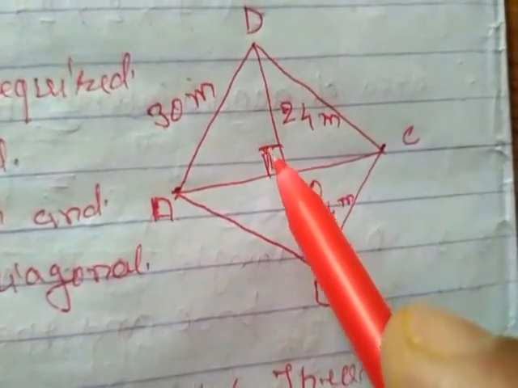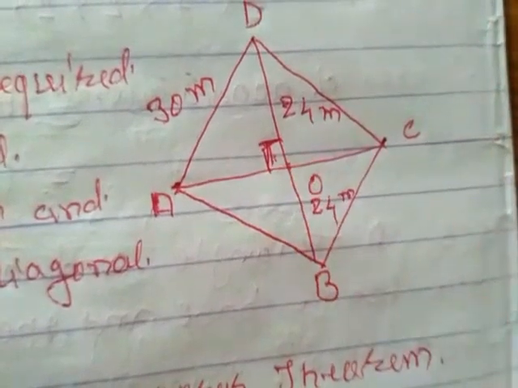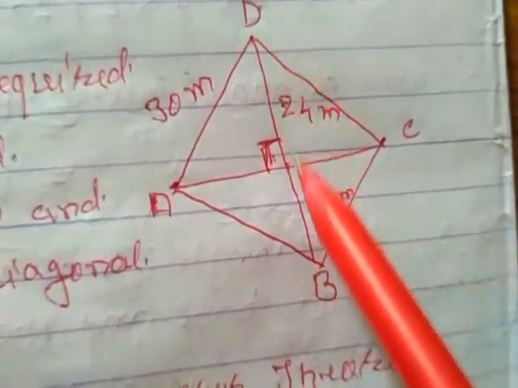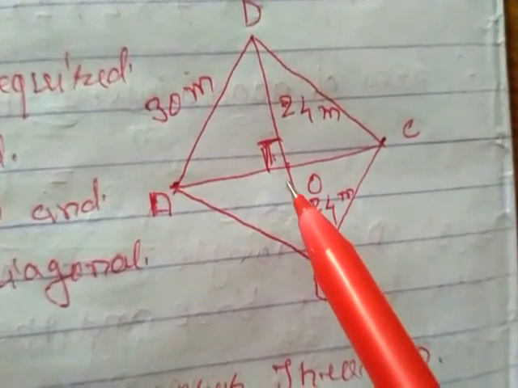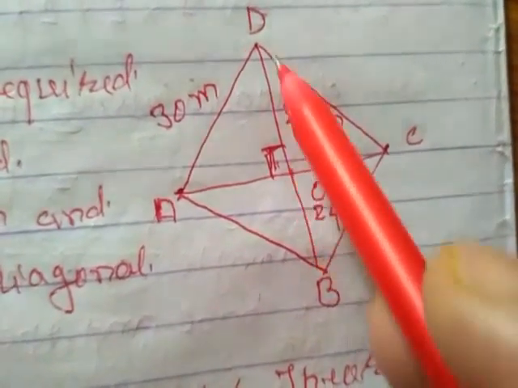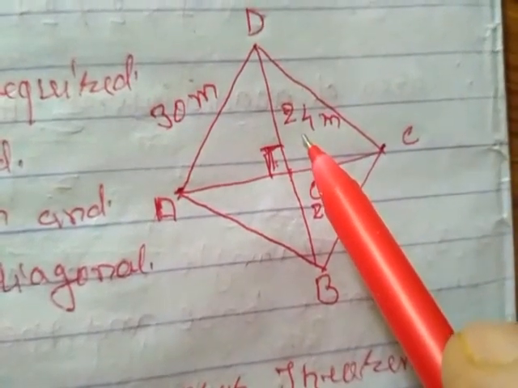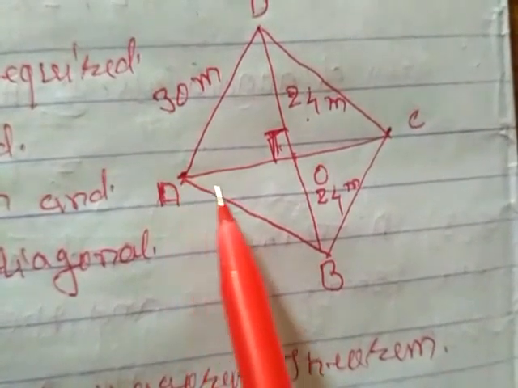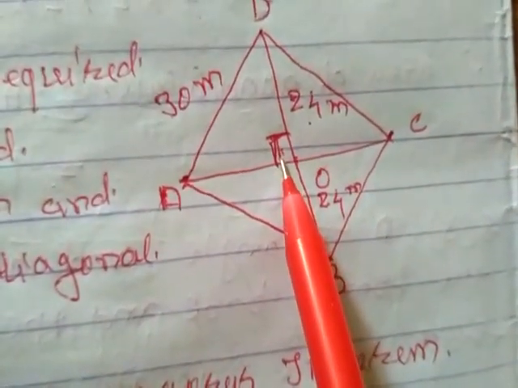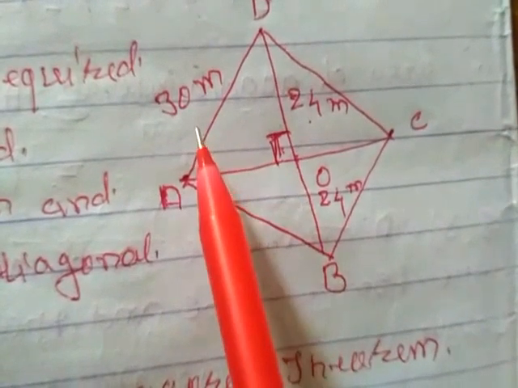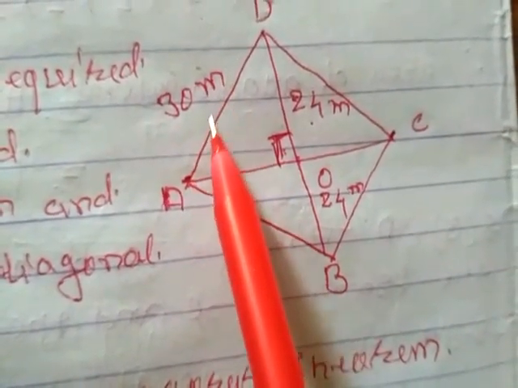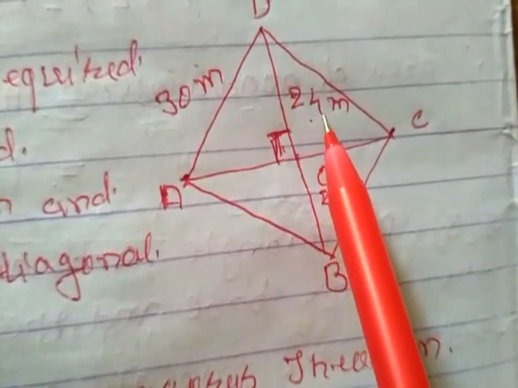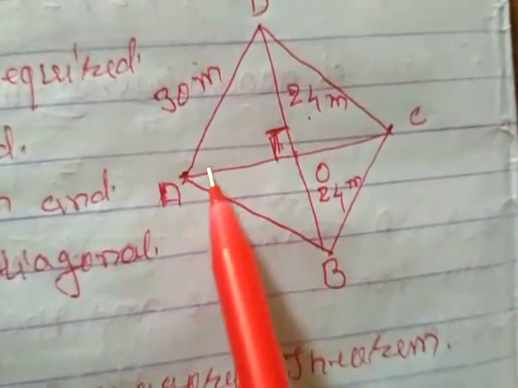So we suppose the longer diagonal is BD, which is bisected at O, having OD equals 24 meter. Now triangle AOD is a right angle triangle in which the hypotenuse, the side of the rhombus, is 30 meter and the perpendicular is 24 meter. First we apply the Pythagoras theorem to find the base OA.